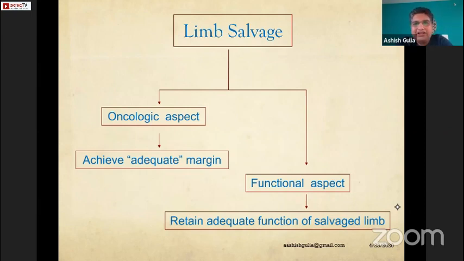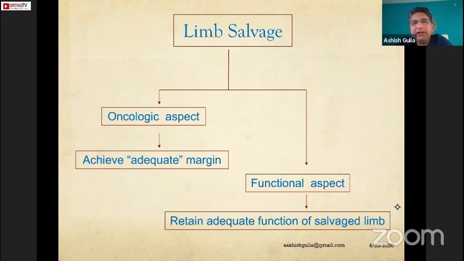If your oncological resection is not correct, however beautiful your reconstruction may be, it will fail because you will get a local recurrence very fast. Another point I would like to highlight here is that in malignant bone tumors, local recurrences are usually fatal. These are not like soft tissue sarcomas, where a first local recurrence doesn't jeopardize the oncological outcome.